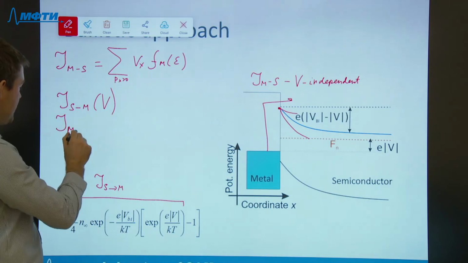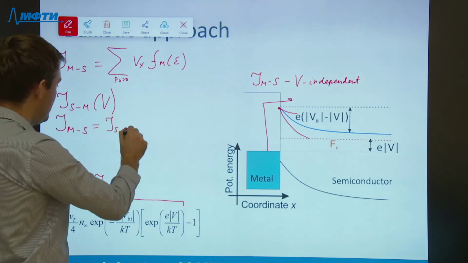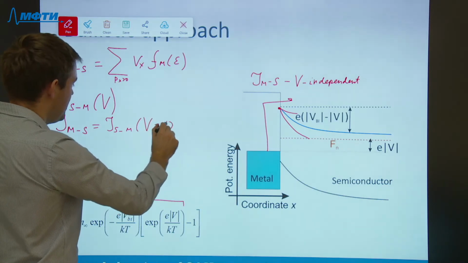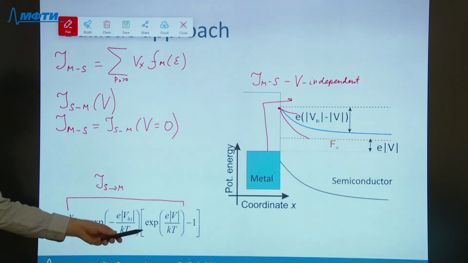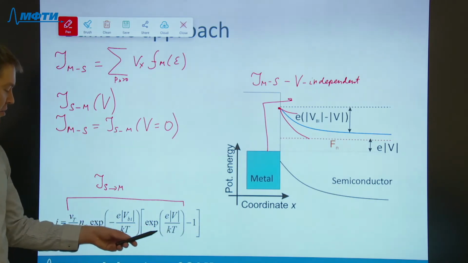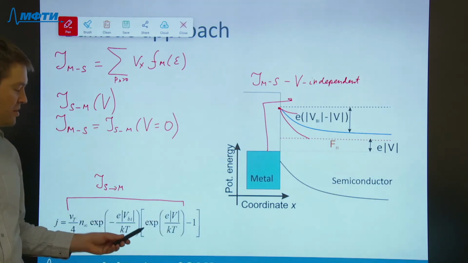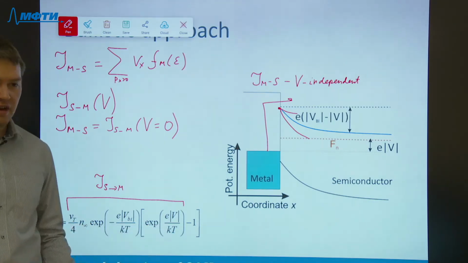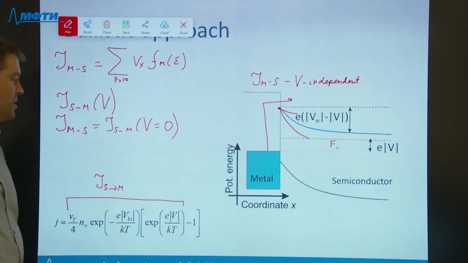So we just find JMS as JSM evaluated at V equal to 0. This is very simple. The result is that you need to subtract unity from the Boltzmann exponent for eV. And let's look at some computational results.